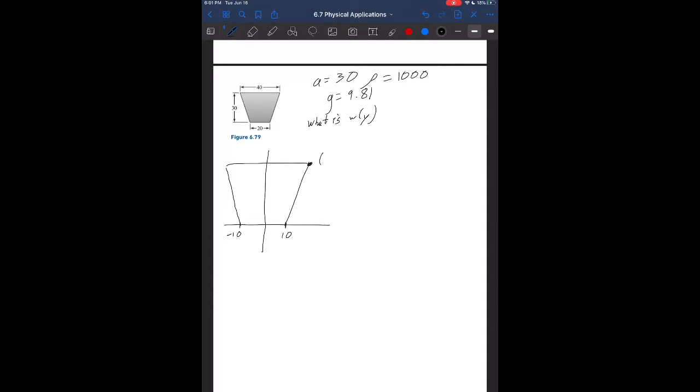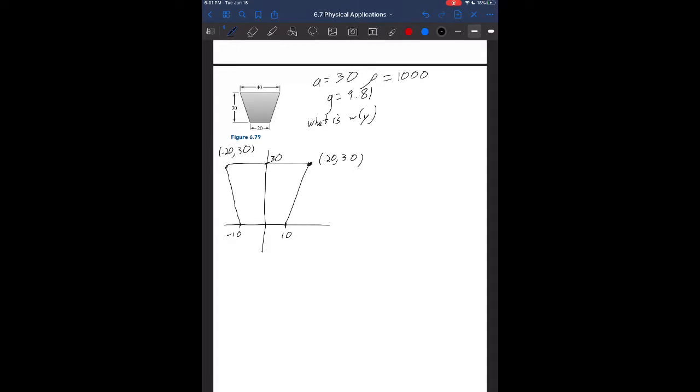And these points are given by 20, 30, and this one by negative 20, 30. Right, so this still makes it 40 meters across on top. 20 minus negative 20 gives me 40. And we know that these are going to be straight lines there. And then this is going to be 30 because it's 30 meters tall.